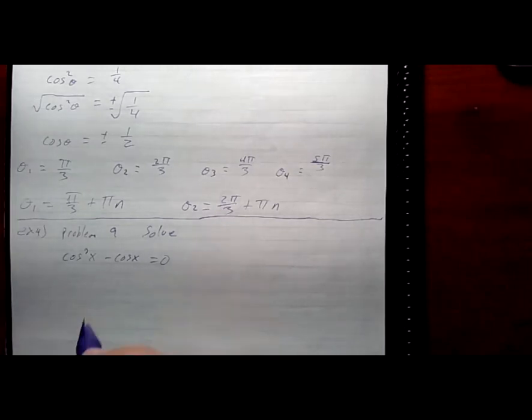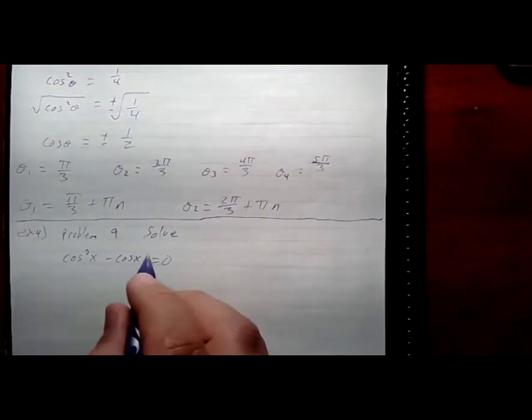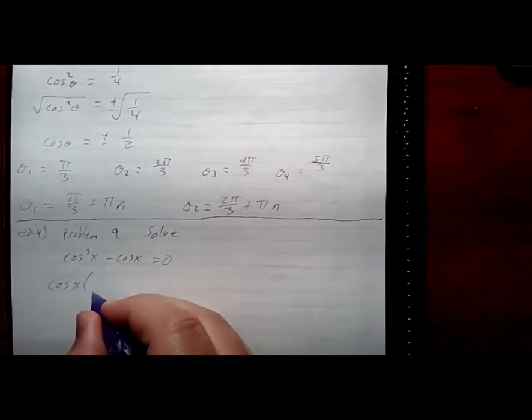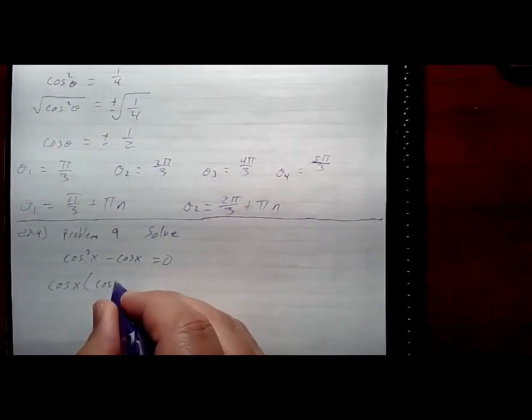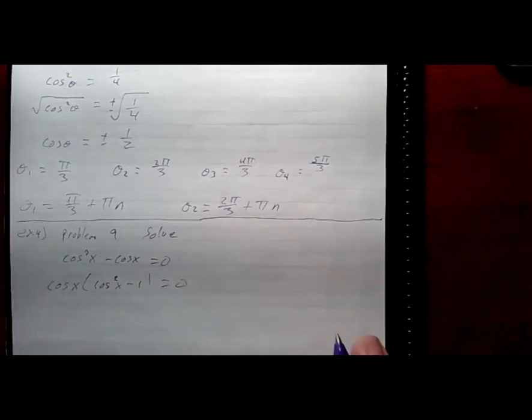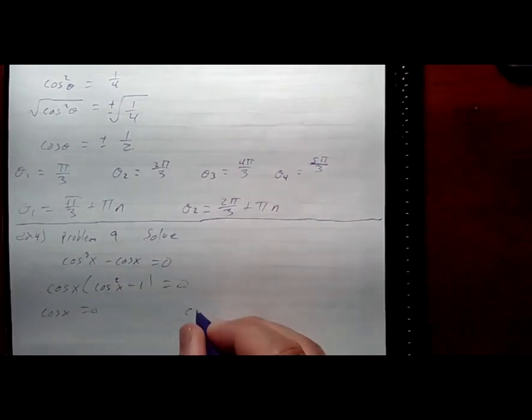Okay, so cosine cubed minus cosine is equal to 0. Treat this just like any factoring problem, right? Factor cosine out of this. So now I have cosine times cosine squared minus 1. And when you have something factored, you can set each part to 0.